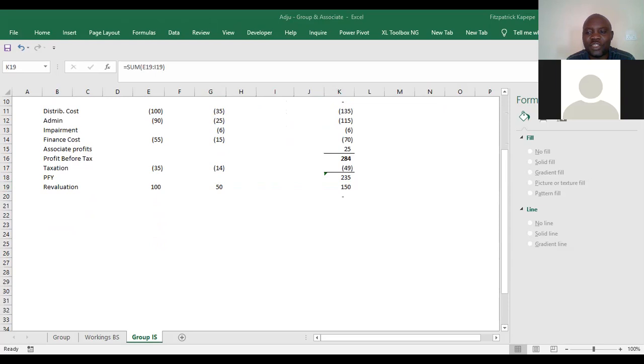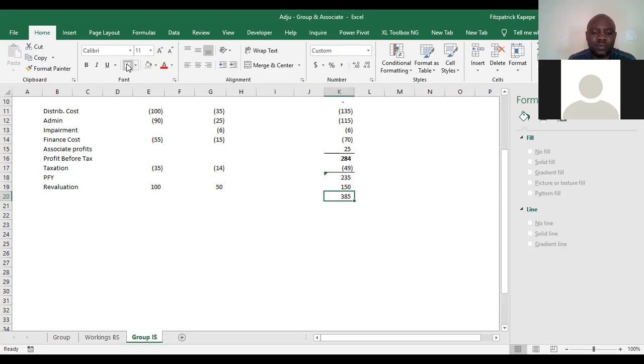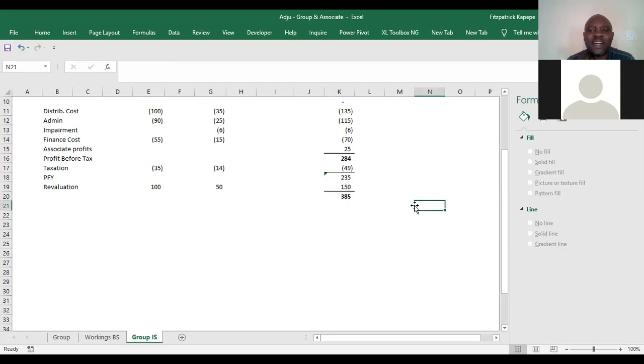Then we are told. So when we add this, how much do we get? So we have a 385.